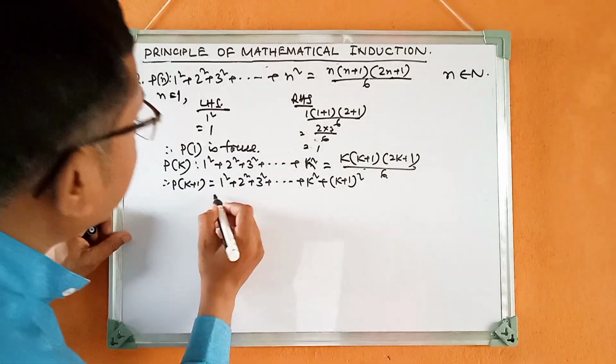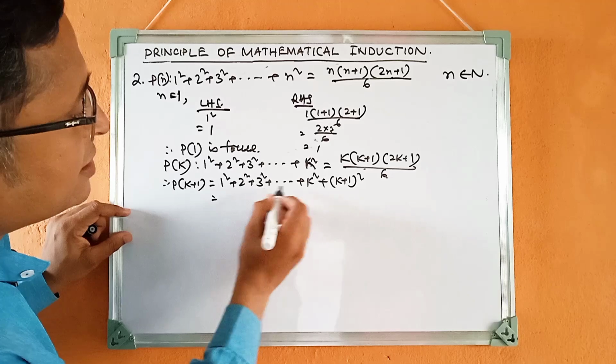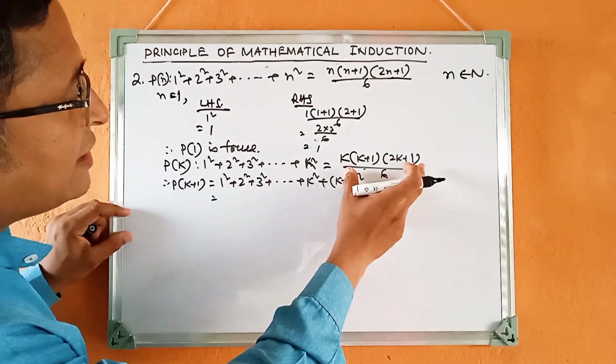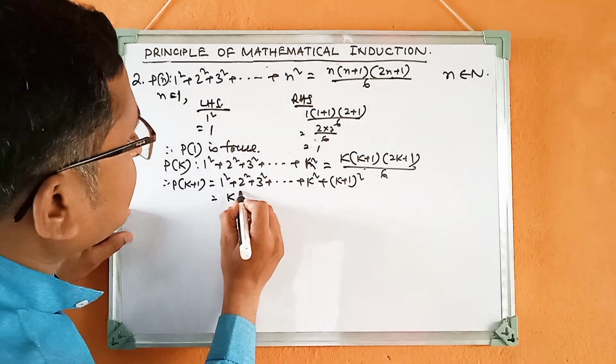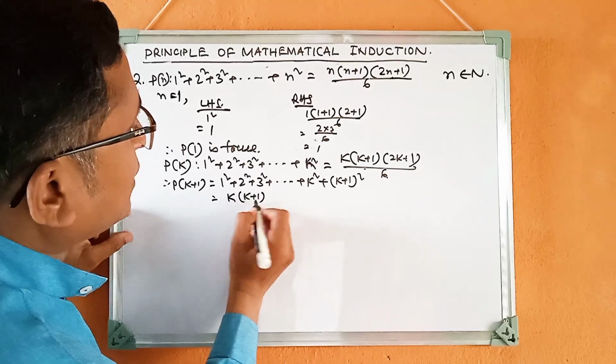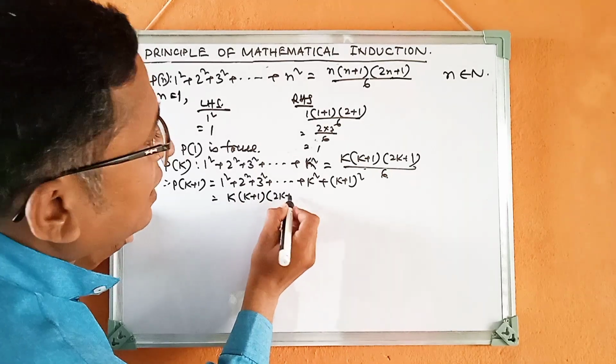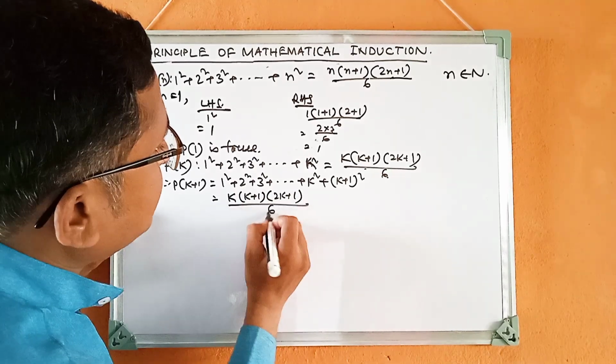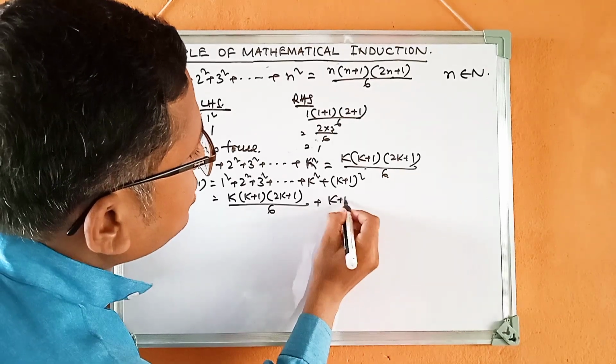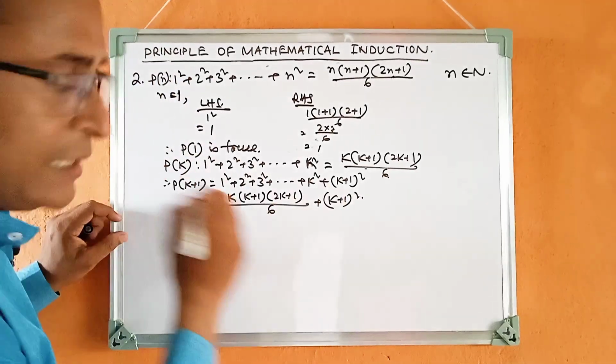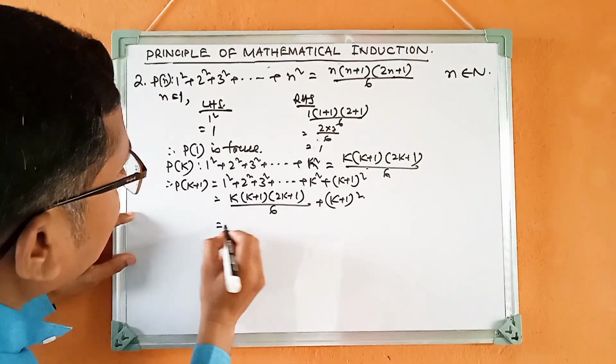Now see how to solve this. 1 square plus 2 square plus 3 square dot dot dot k square, up to this the result is this one. So directly we write k into k plus 1 into 2k plus 1 divided by 6 plus k plus 1 whole square. Now take k plus 1 as common from the whole.